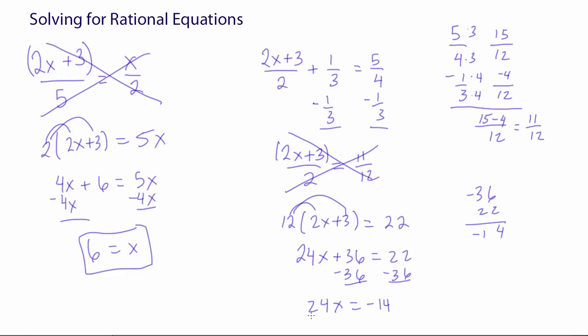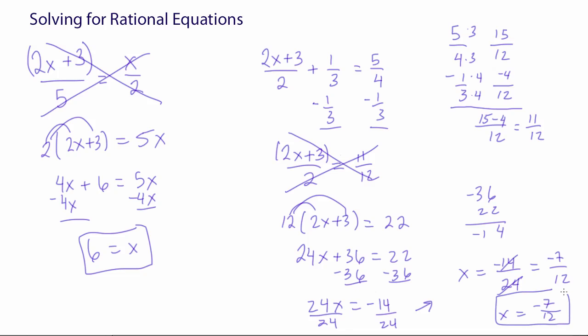I got to get rid of this 24. So I divide by 24. That's going to give me x equals negative 14 over 24. Can I reduce? Well, let's try by 2's. 2 goes into negative 14, negative 7. And 2 goes into 24, 12. So x equals negative 7 over 12.